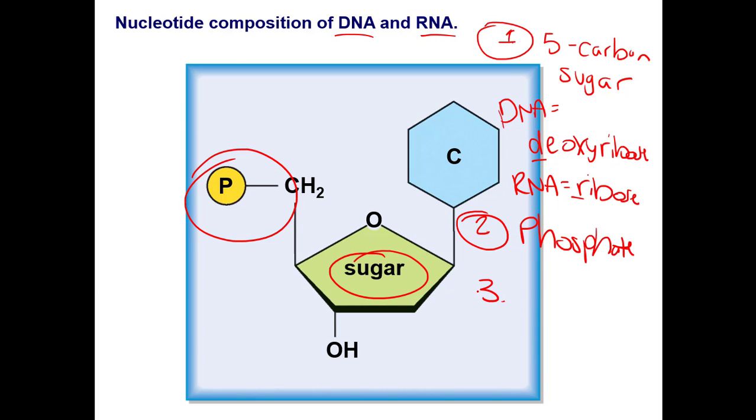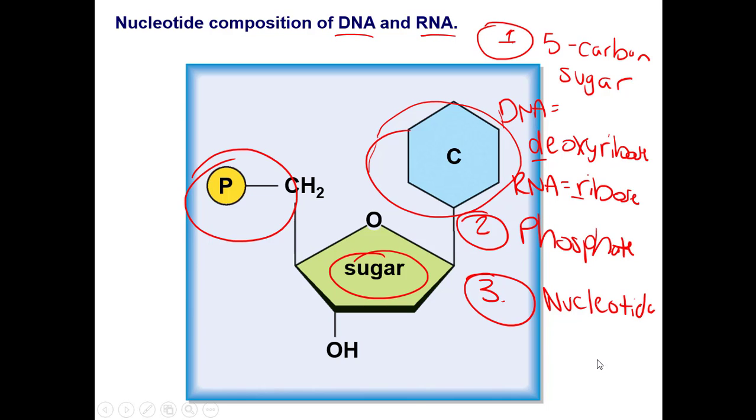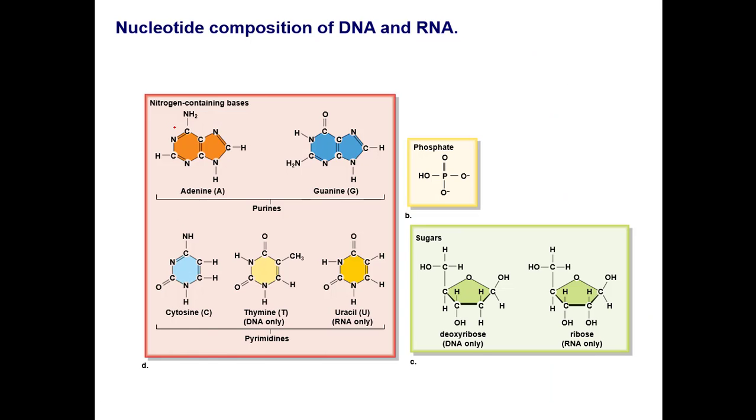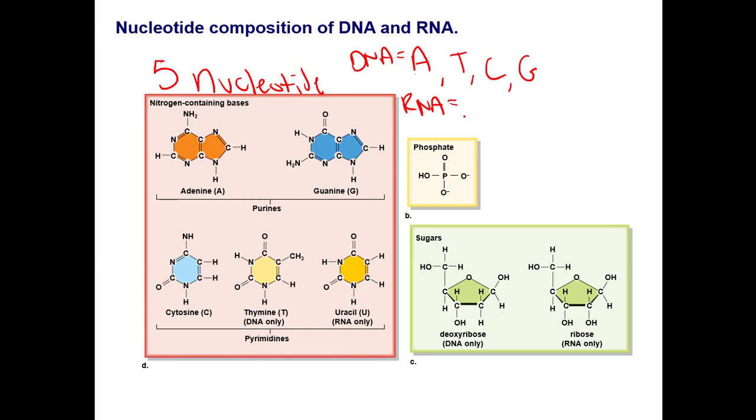And the third component, pictured up here, are the nucleotide bases. So there are actually 5 different nucleotide bases. For DNA, the bases are A, T, C, and G, whereas RNA, the bases are A, U, C, and G. So as you can see here, A is for adenine, G for guanine.